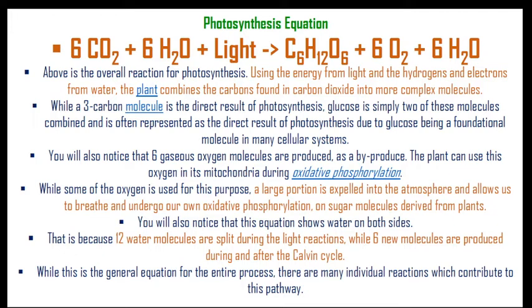Then you will also notice that 6 gaseous oxygen molecules are produced as a byproduct. The plant can use this oxygen in the mitochondria during oxidative phosphorylation. While some of the oxygen is used for this purpose, a large portion is expelled into the atmosphere and allows us to breathe.